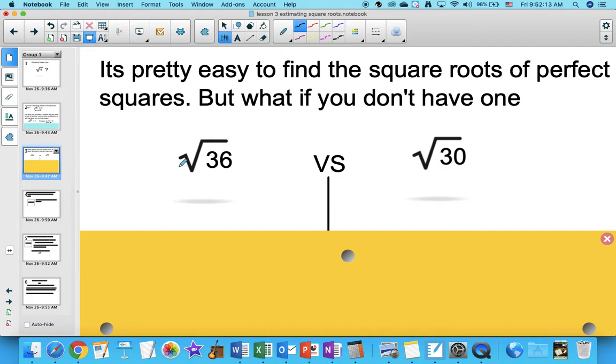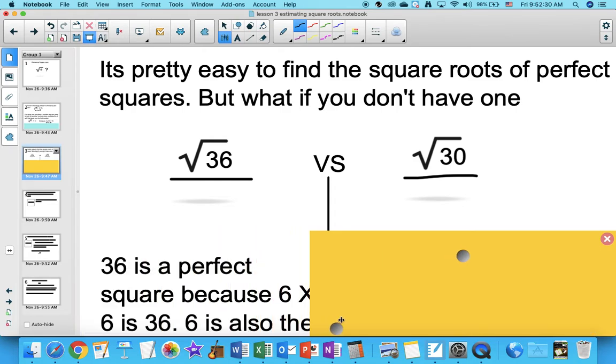So it's relatively easy to find the square roots of perfect squares. But what if you don't have a perfect square? In this case, we have the square root of 36 and the square root of 30. For the square root of 36, everyone should know what number times itself gives you 36, right? Well, 36 is a perfect square.